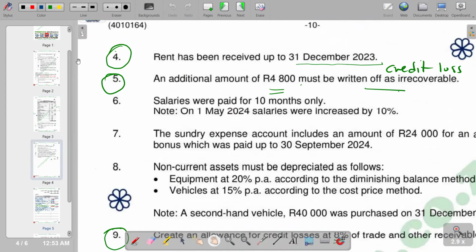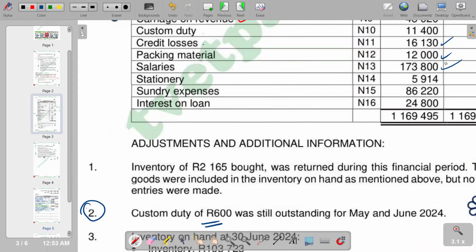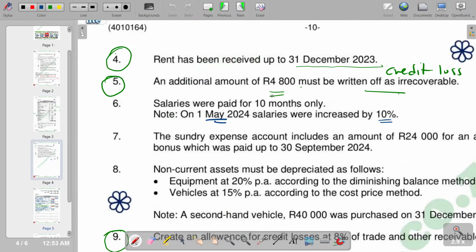We come to number 6. Number 6 says salaries were paid for 10 months only. On 1 May 2024, salaries were increased by 10%. So it means the salaries that we have in the pre-adjustment trial balance of 173,800 is for 10 months. And then we have got an increase which came after the 10 months.